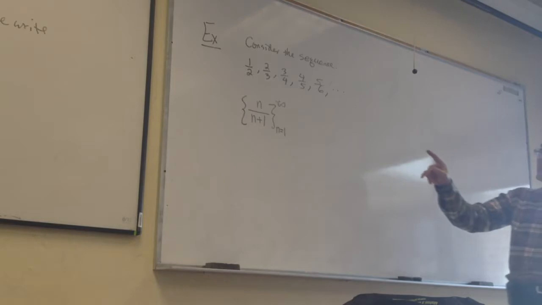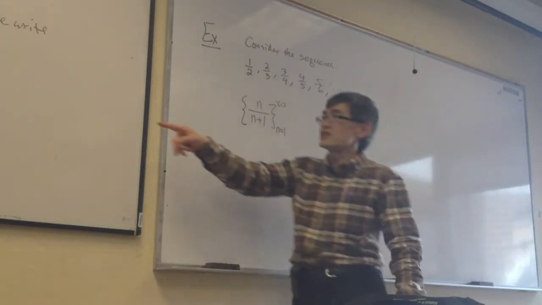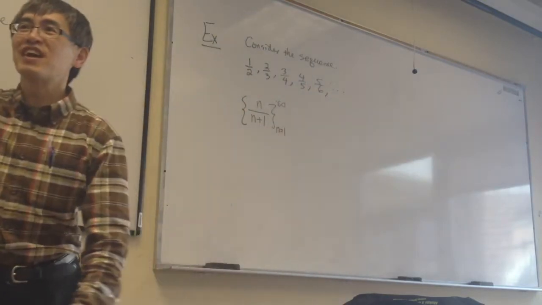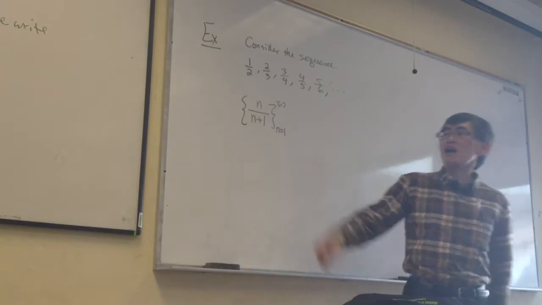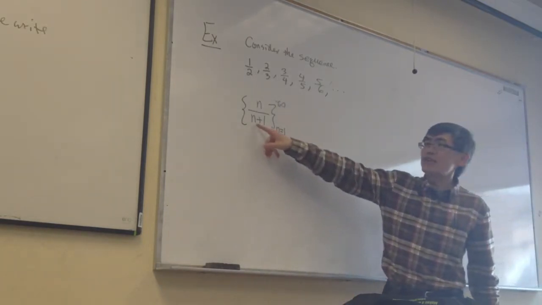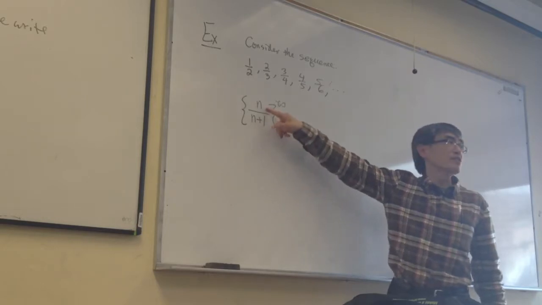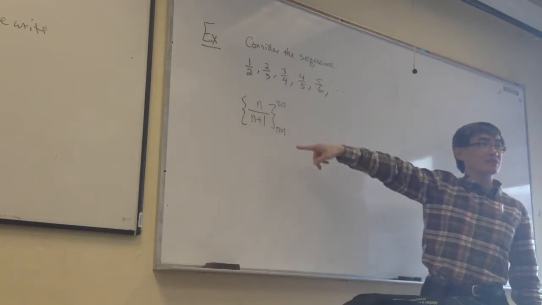This says that the nth term, n goes from 1 to infinity. That's a domain, is that right? For a sequence, the domain is n, from 1 to infinity. Then for the nth term, the numerator is just n, and the denominator is n plus 1. Do you understand what it's trying to say?